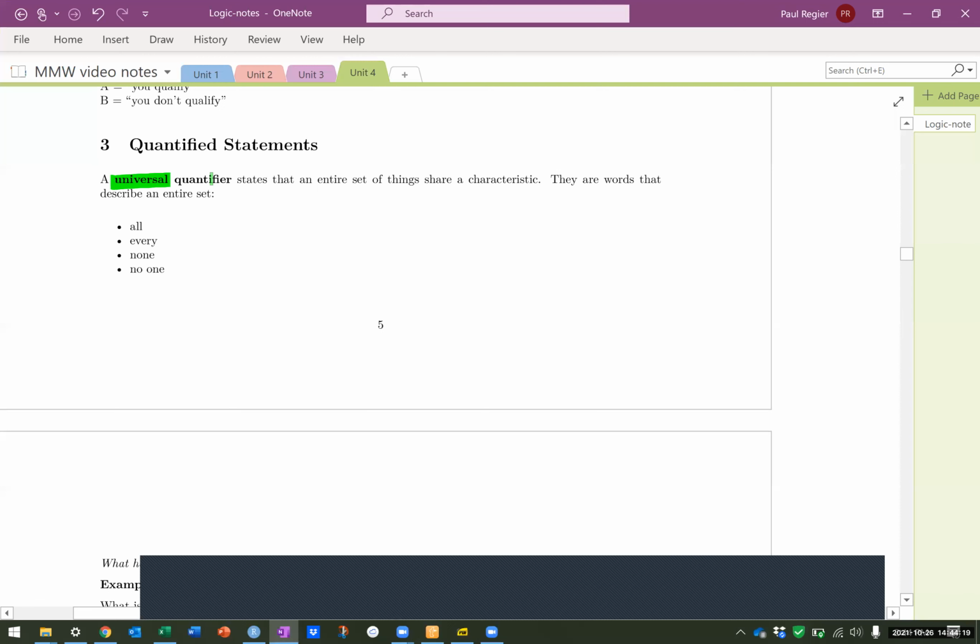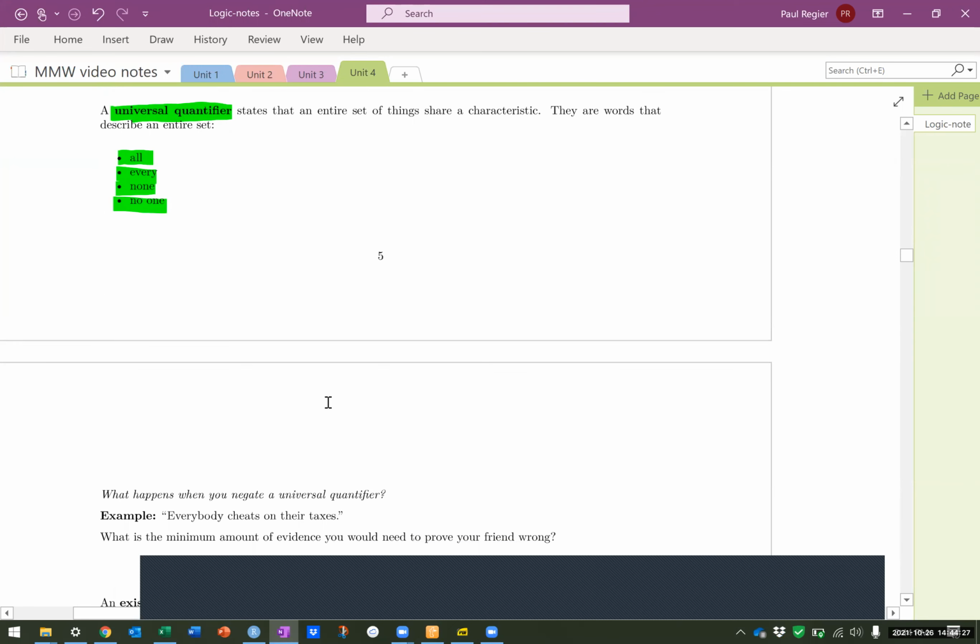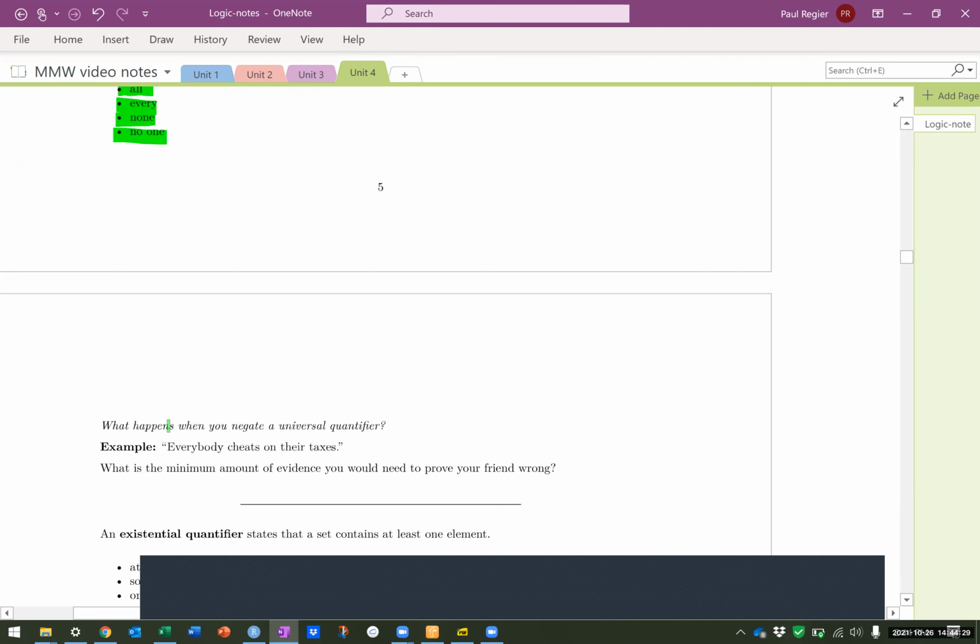The universal quantifier you use when you say the words all, every, none, no one. An example of a universally quantified statement is everybody cheats on their taxes, okay? That's a statement that might not be true, right? So what's the minimum amount of evidence we'd use to disprove this?